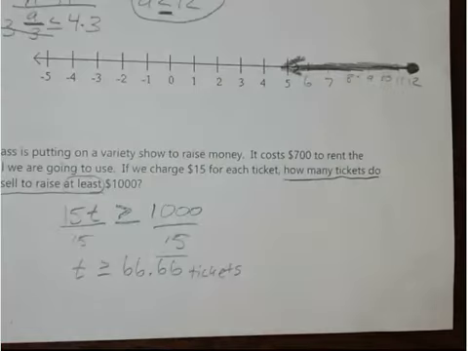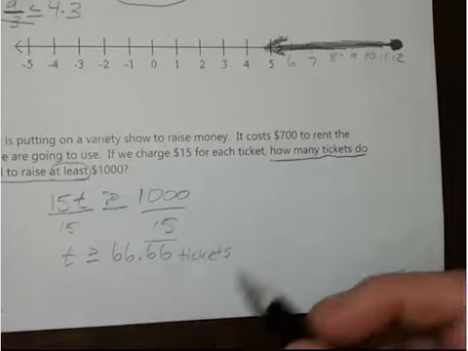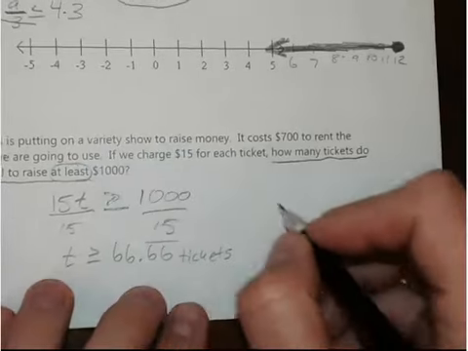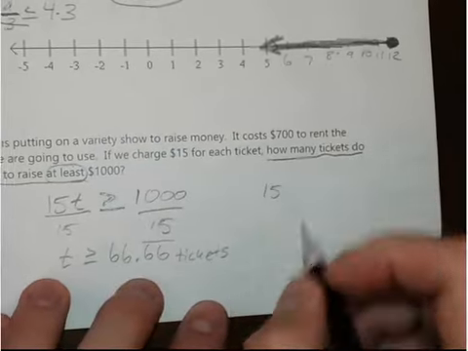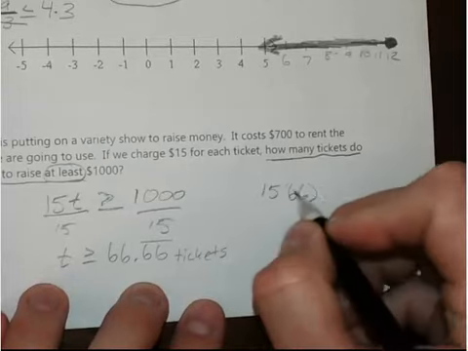So we need to figure out if we need to round up or round down. Let's try 66. Let's plug in 66 for t and see if our number is greater than or equal to 1,000. So we have 15 times t. We're going to round down and say t is 66.